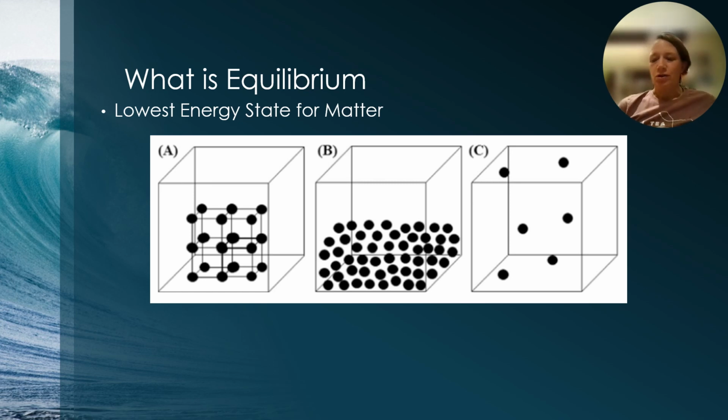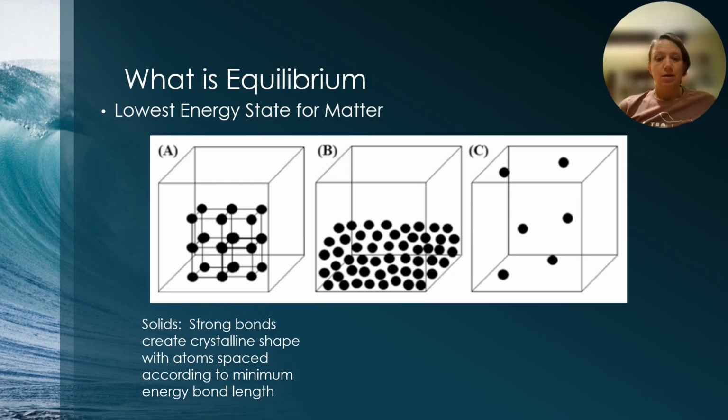So what does a low energy state look like for different states of matter? Well, in a solid, because there are strong bonds between the molecules that make a crystalline shape, which is a very rigid, defined shape, the atoms at equilibrium are spaced according to what's called a minimum energy bond length.